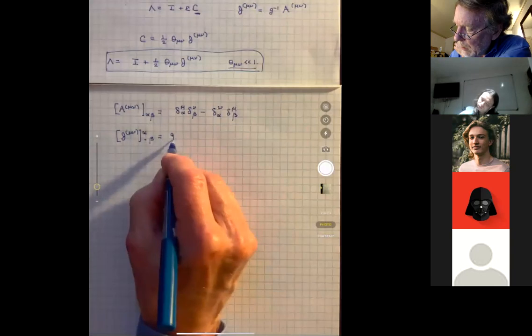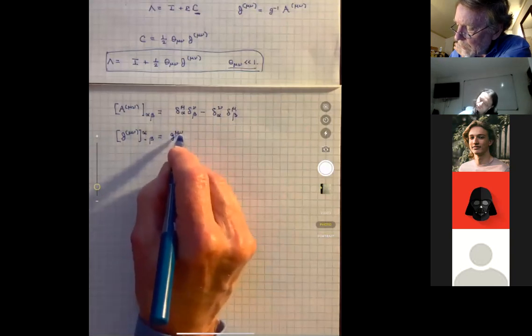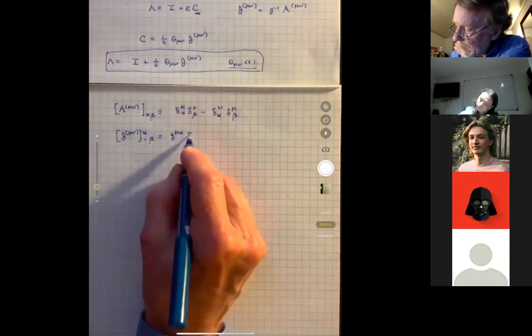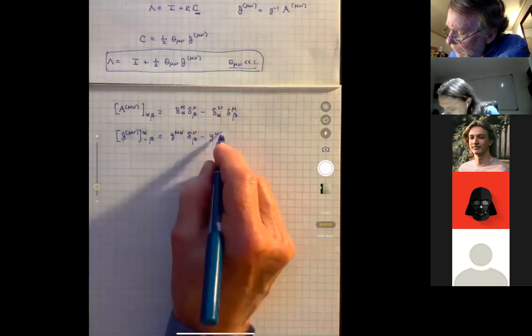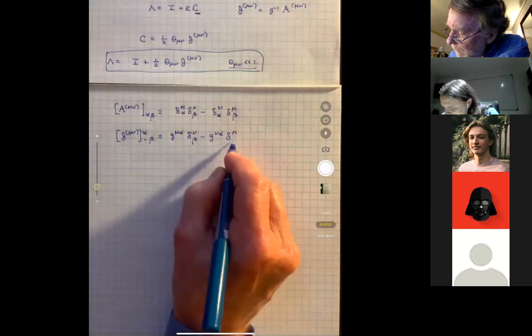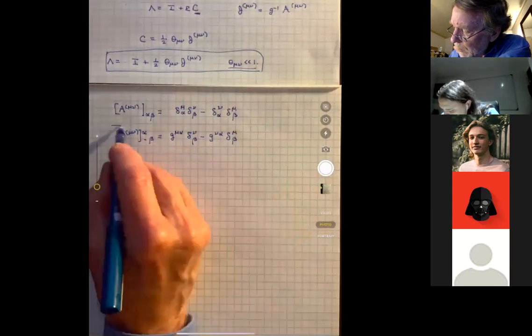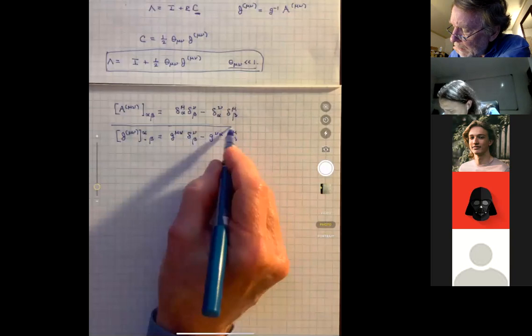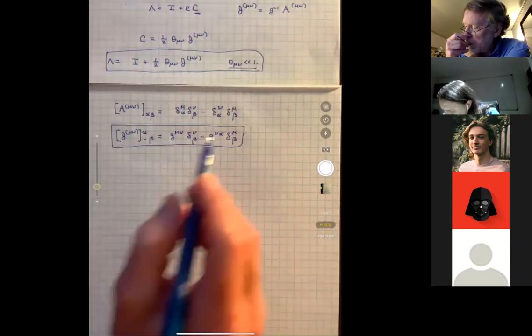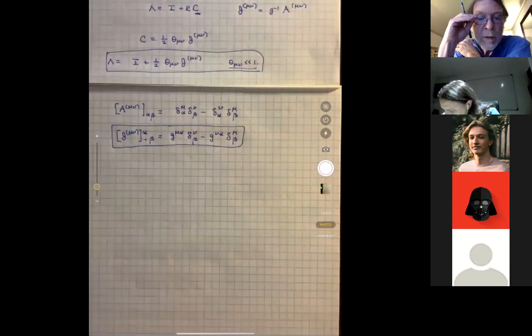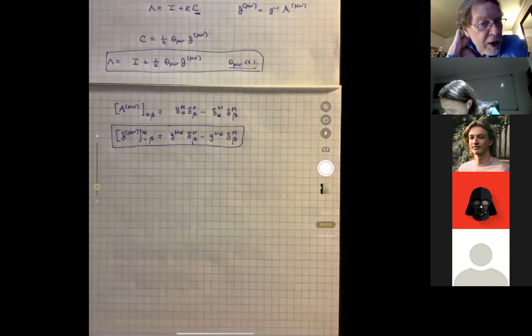This is equal to G mu alpha, I just need to raise the alpha index, you see, delta nu beta minus G nu alpha delta mu beta. And let me box this equation because it'll pop up again, maybe not in tonight's lecture, but we'll need it a little bit down the line for some of the manipulations we want to do. But anyway, there it is, the explicit formula for these J matrices.